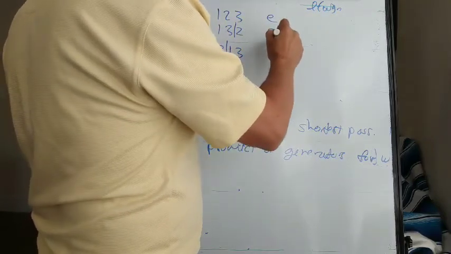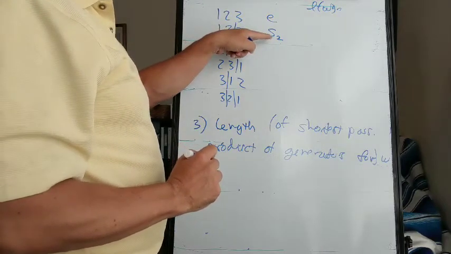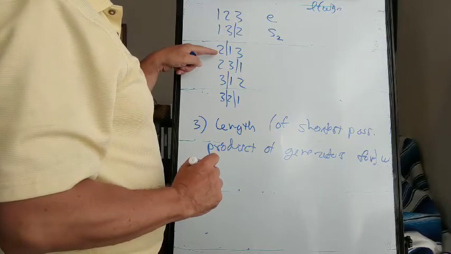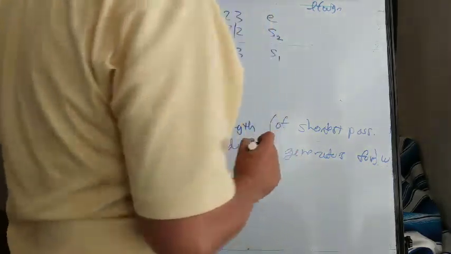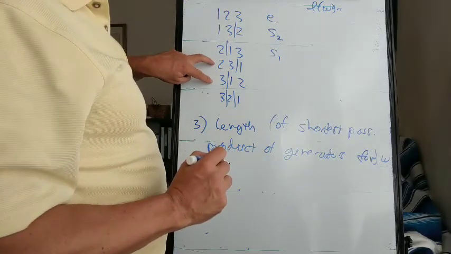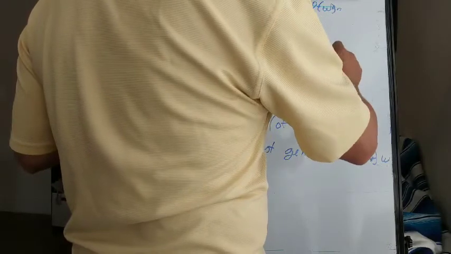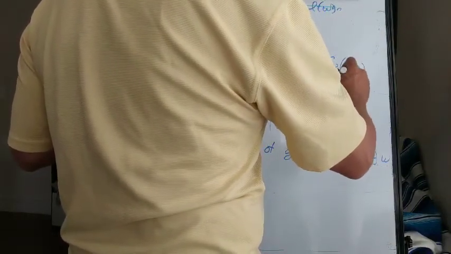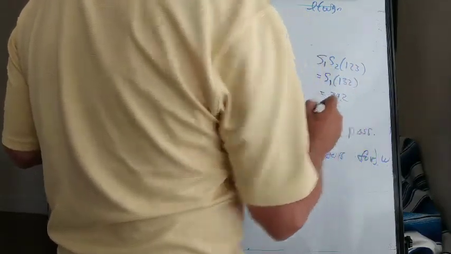But here, if we swap the second and third letters, that's the generator S2. And if we swap the first and second letters, that's the generator S1. And then these two permutations I think are S1, S2, and S2, S1. Let's see. S1, S2 of 1, 2, 3 is S1 of 1, 3, 2, which is 3, 1, 2.